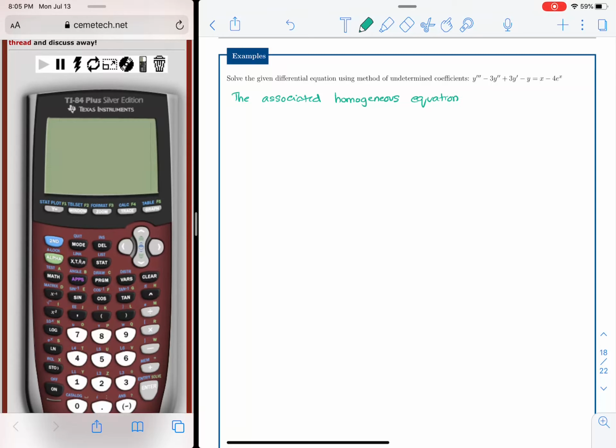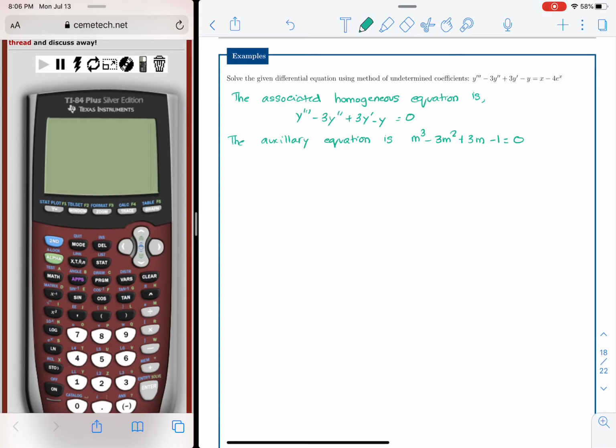The associated homogeneous equation is y triple prime minus 3y double prime plus 3y prime minus y equals 0. The auxiliary equation is m cubed minus 3m squared plus 3m minus 1 equals 0.